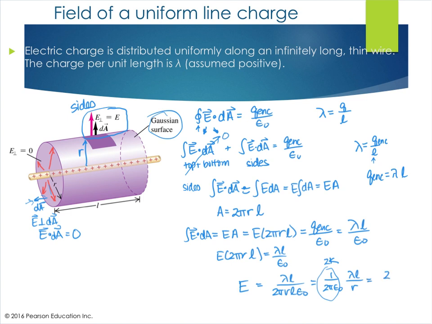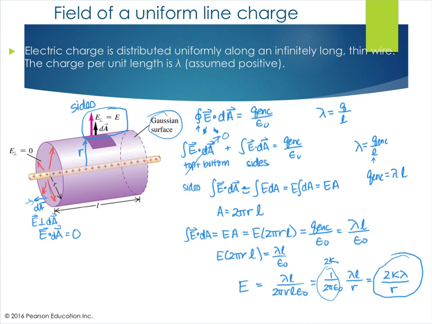And so my final answer for the electric field due to a line of charge at some distance r away from the line of charge can be expressed like this: 2 times the Coulomb constant times the charge per unit length, lambda, over r.